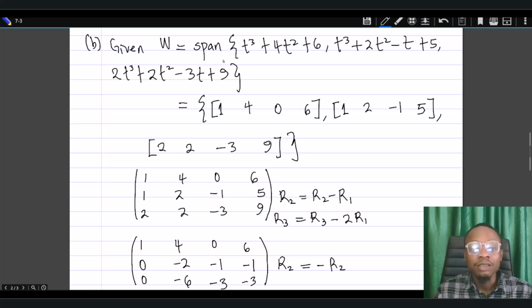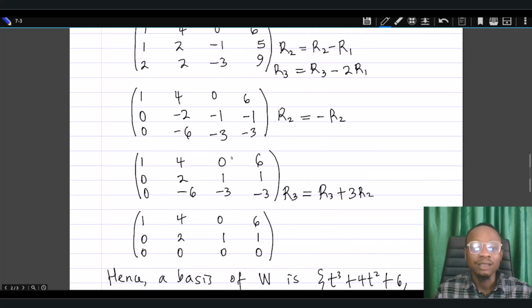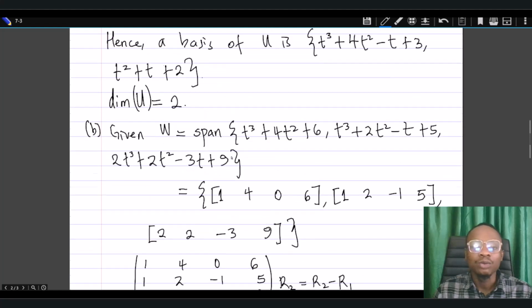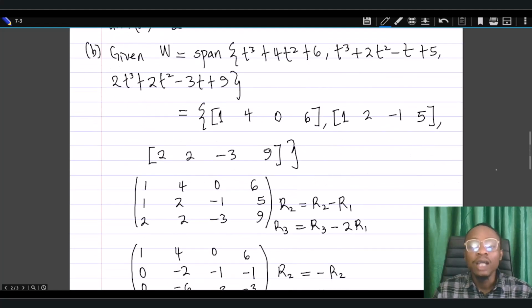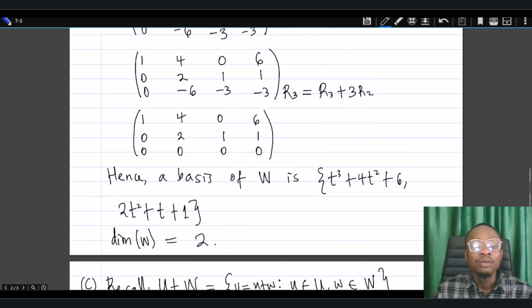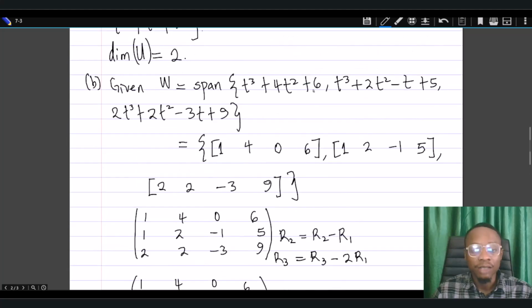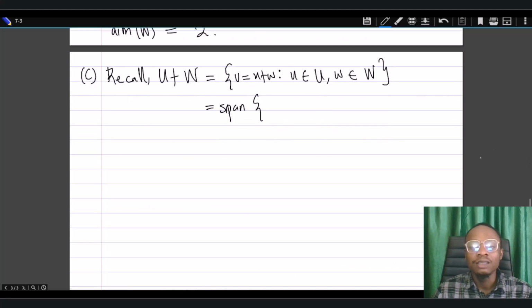This spans W, but it's not independent. That similarly applies to what we obtained for U. So we can just insert them here. That means that W is equal to the span of this, just as it is also equal to the span of this.